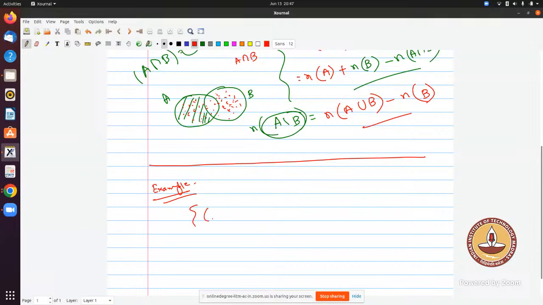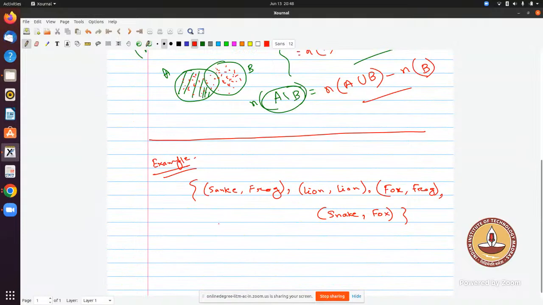Yeah, it was snake, frog, lion, and the third one was fox, frog, and the fourth one was snake and fox. Right. So overhead was written that it is transitive. So I'm not getting why.